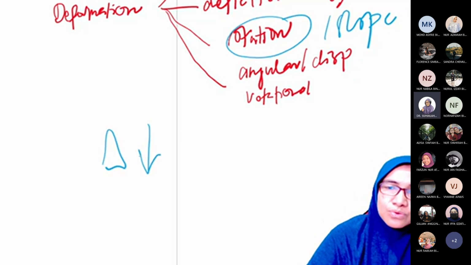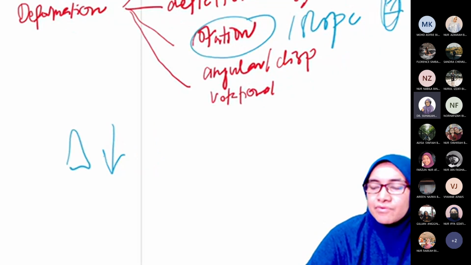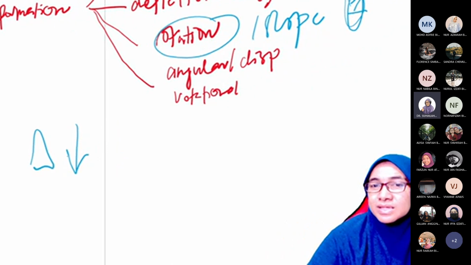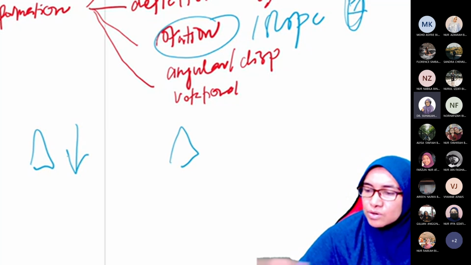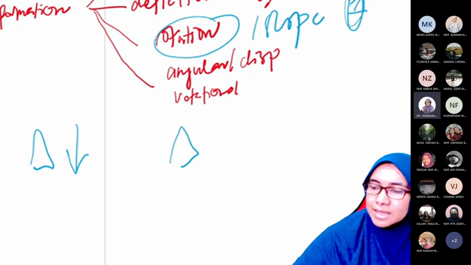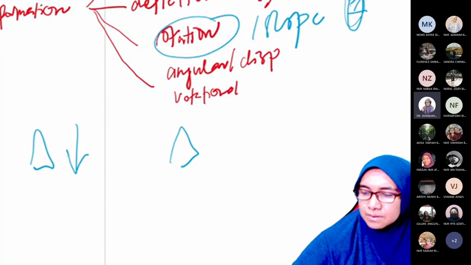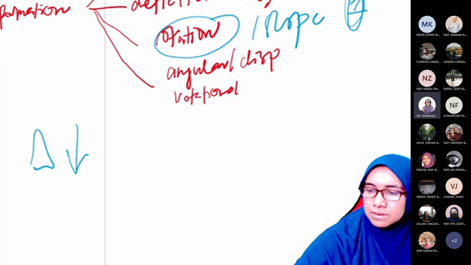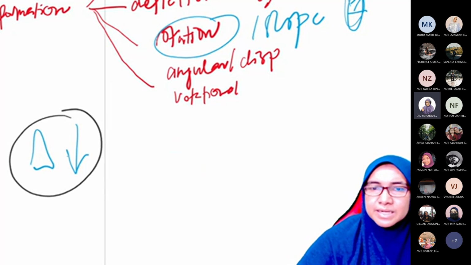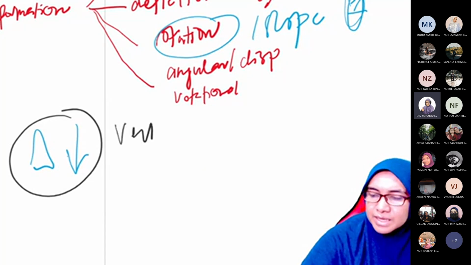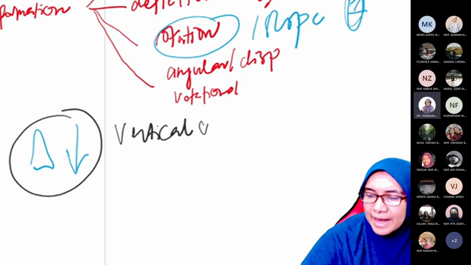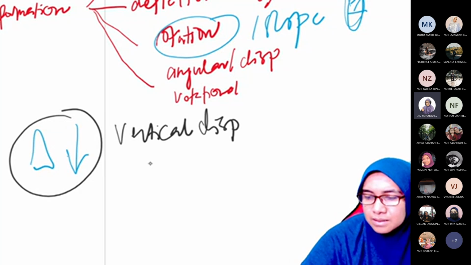And there is also the term that reflects the horizontal displacement. Still the word delta, tapi delta when we use for representing horizontal displacement. What is another word to represent it? Kalau delta, kalau vertical displacement ni, okay, it is vertical displacement. Vertical displacement we also call as deflection.